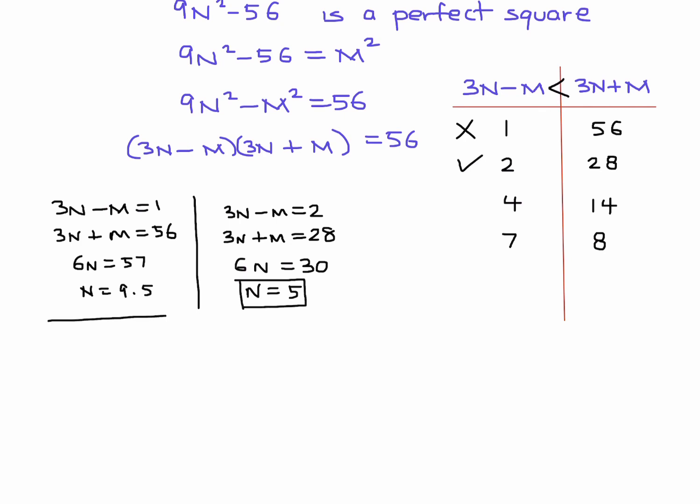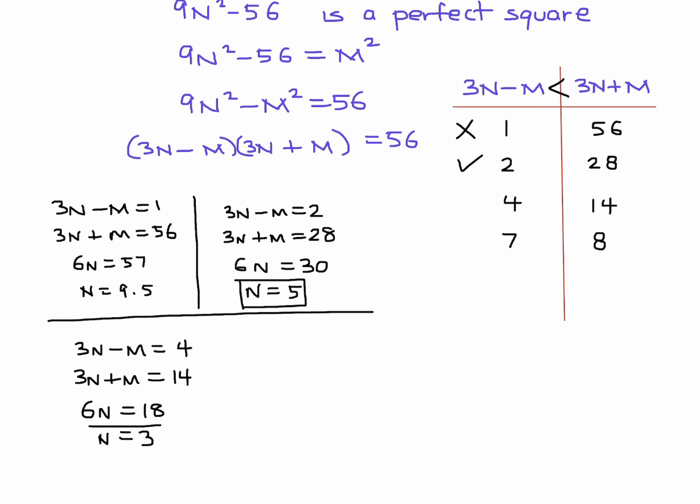Let's do the next one here. 3n minus m is equal to 4, and 3n plus m is equal to 14. Adding, we get 6n is equal to 18. N is therefore equal to 3. Okay, that's great.